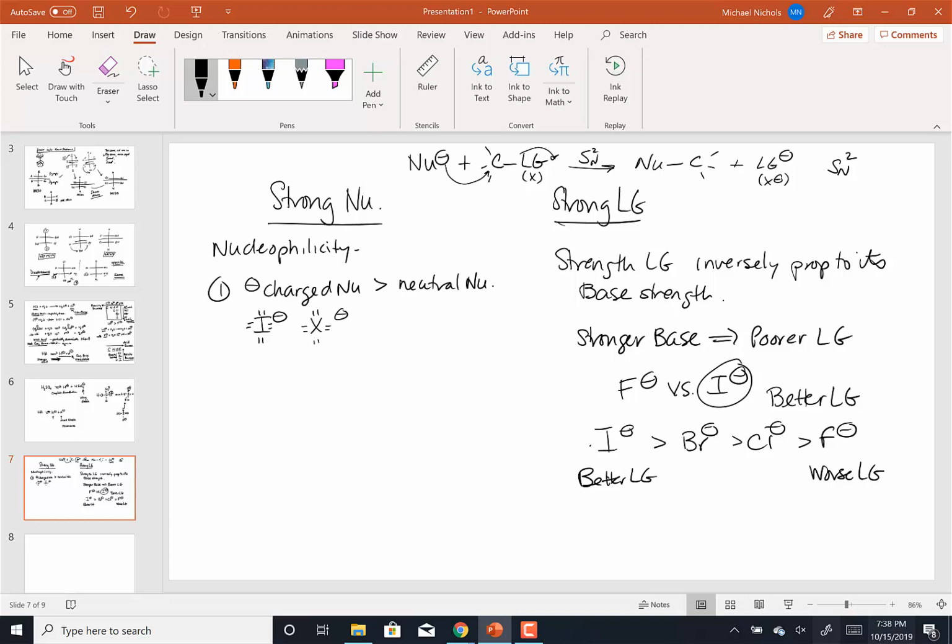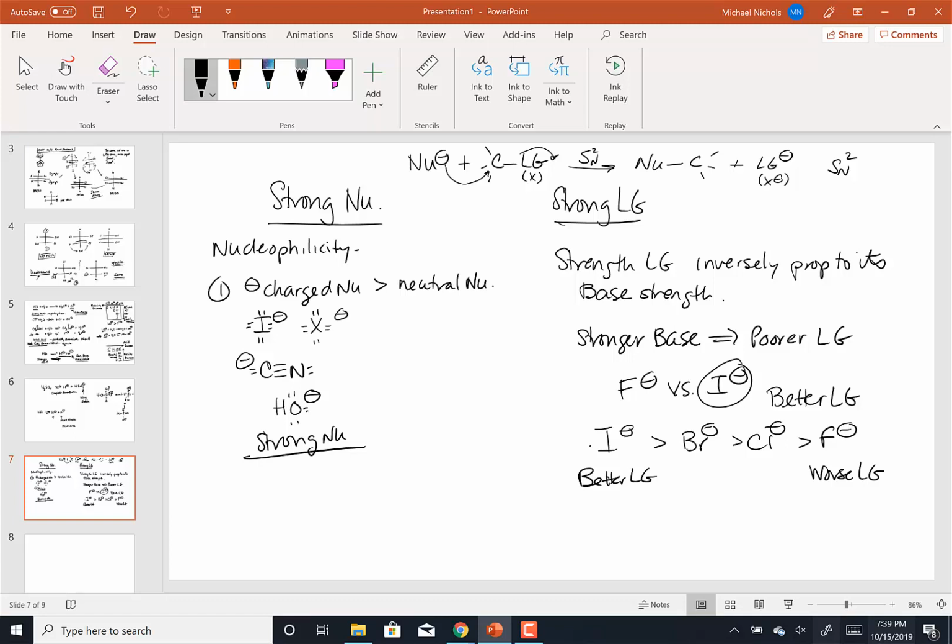And there are other charged nucleophiles. For instance, there is C triple bond N minus, which would be cyanide ion. Hydroxide would be a good one, a strong nucleophile. So the idea here is that anything that's charged is going to be automatically defined as a strong nucleophile in our world.